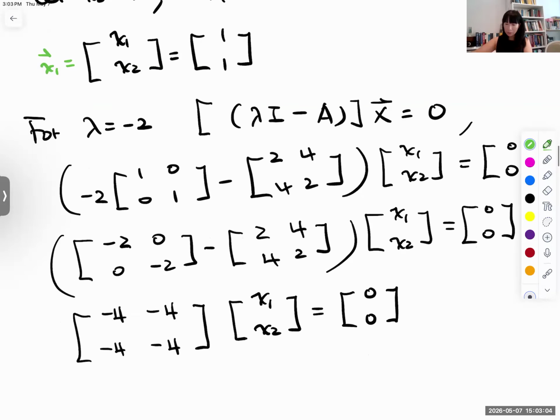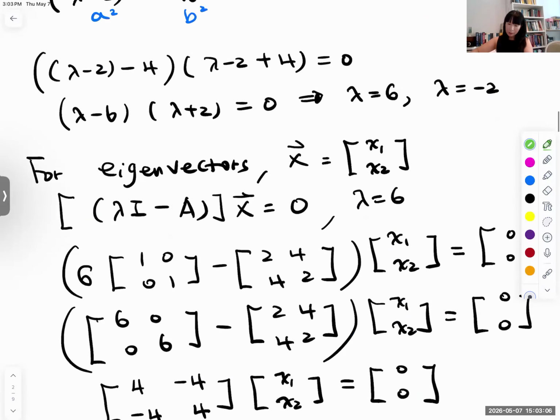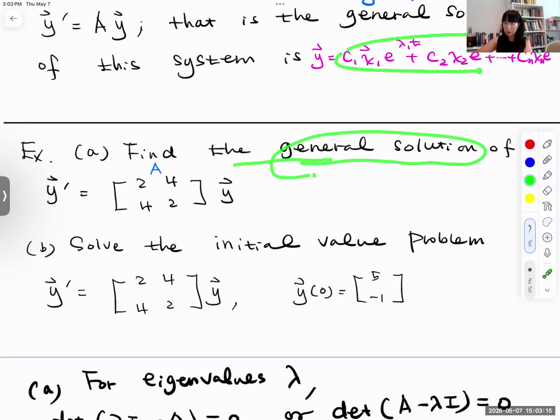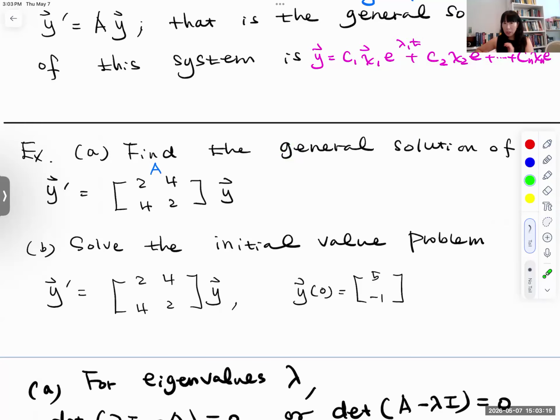Yeah, we are done with the first part. The first part was to find the general solution, so we found this one, the pink. Now, what if we are given the initial value problem, right?